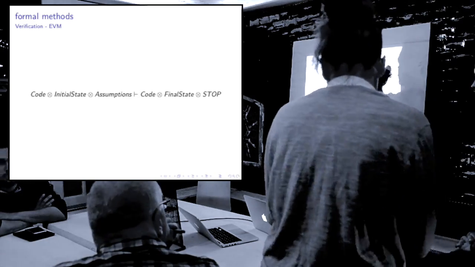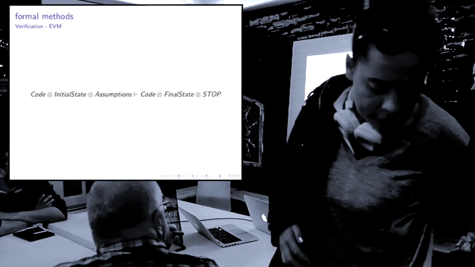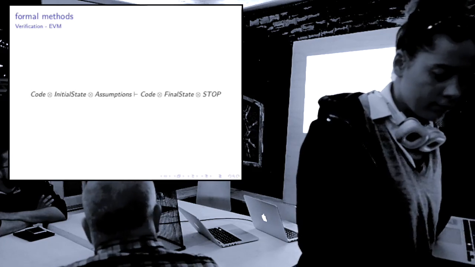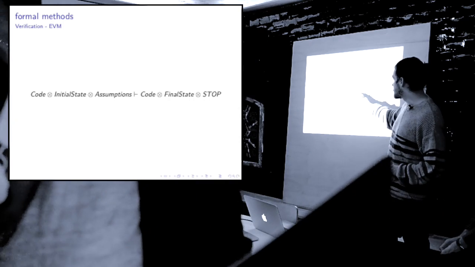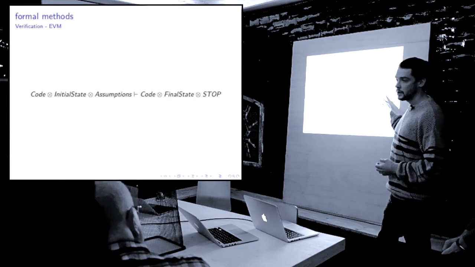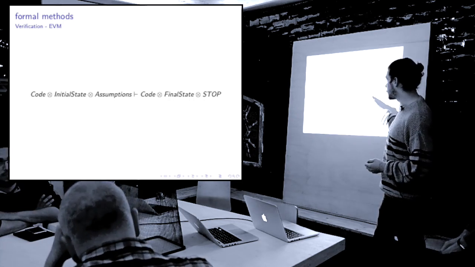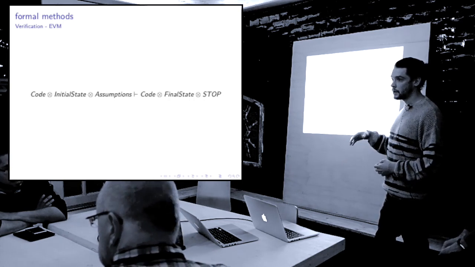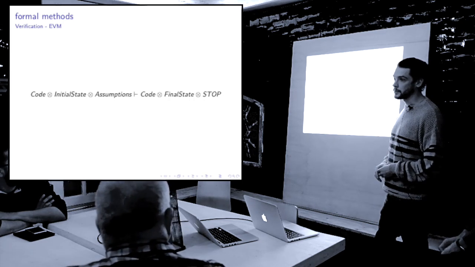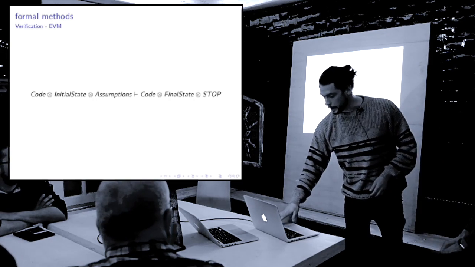So we say once we have a code and an initial state and an assumption, for example that on storage space 1 there is a certain address written, then under those assumptions, with this code and the initial state, the same code, a final state and a stop execution is written. It really depends what you put in your code and what you put in your final states, but you can derive a formal proof that some states will always happen or never happen. It depends on your logic, because it's a superset of classical logic, so you can express really what you like.